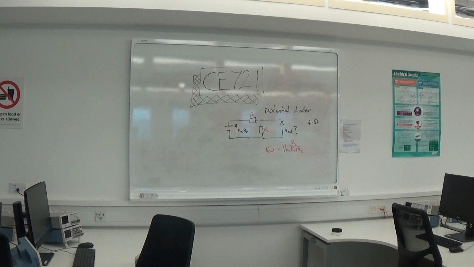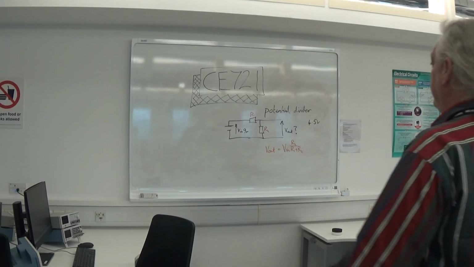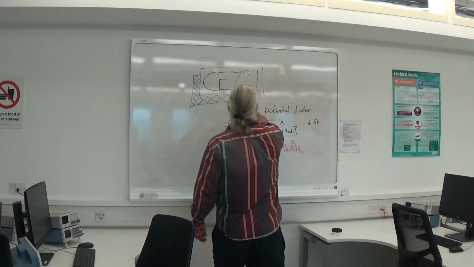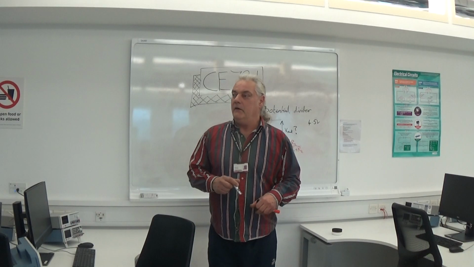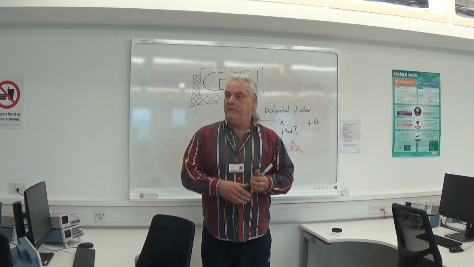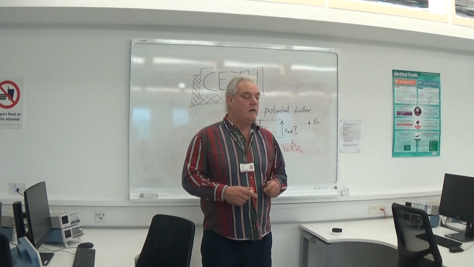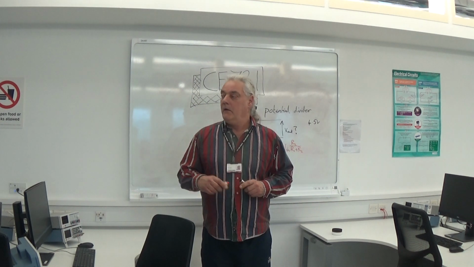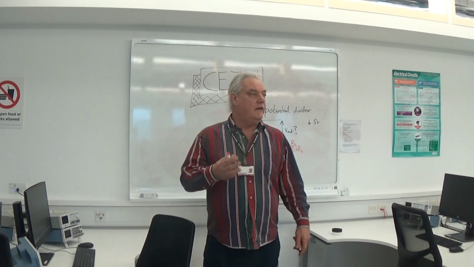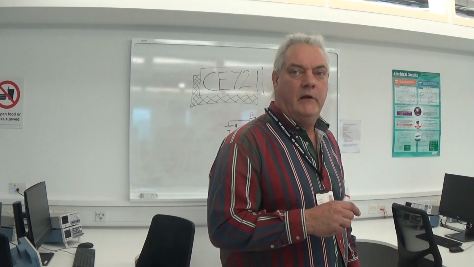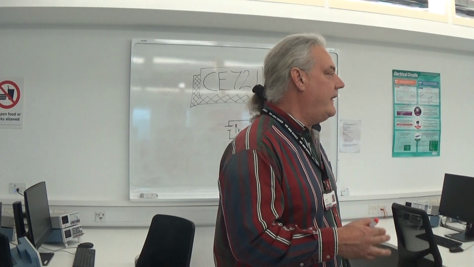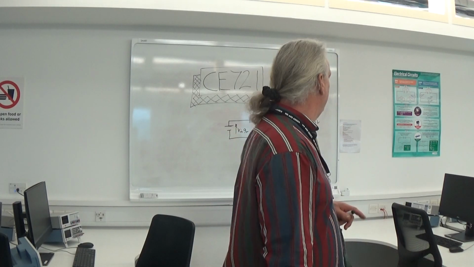Why not? Because of the current. If I chose this one here to be 1 ohm and this one to be 1 ohm, there'd be a 2 ohm path going to ground, and I'd be using lots and lots of power, and the current would be flowing, things would be getting hot. What a waste. Generally, you kind of start in around about the thousands of ohms, so 1k, 10k, 100k, those kind of sizes.